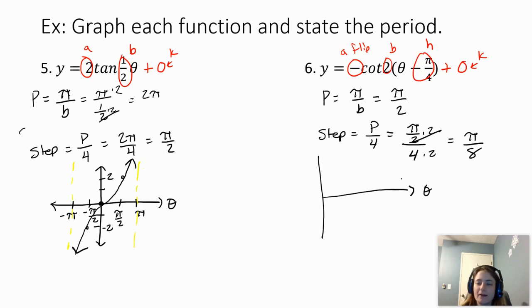So now we graph. Put in our steps. So 1 pi over 8, 2 pi over 8, or simplified pi over 4, 3 pi over 8, and 4 pi over 8. When we simplify, it goes to pi over 2.